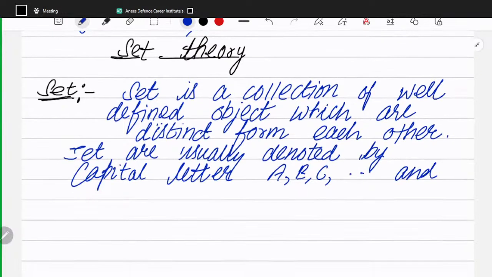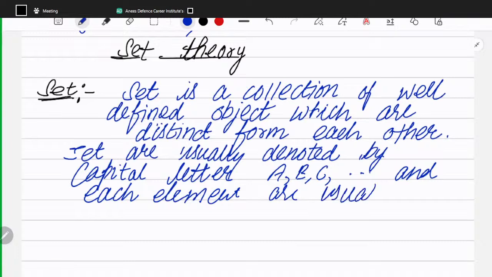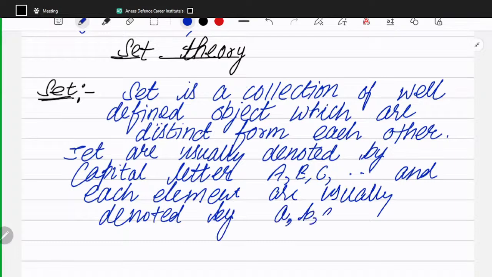And each element is usually denoted by small a, small b.